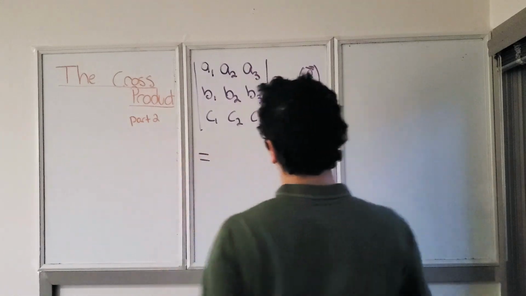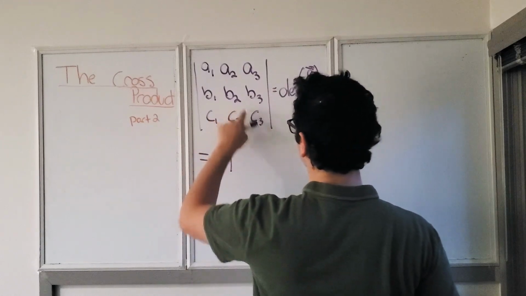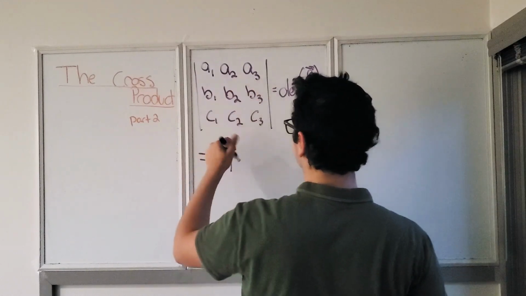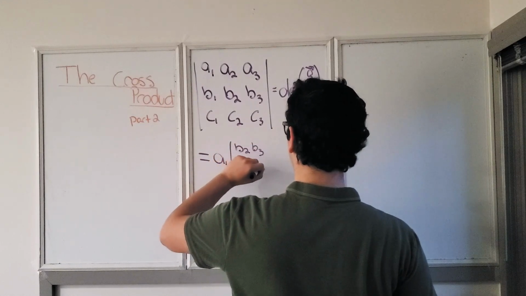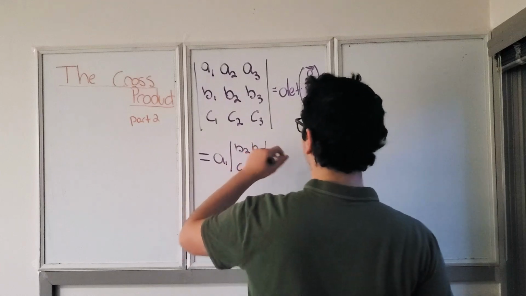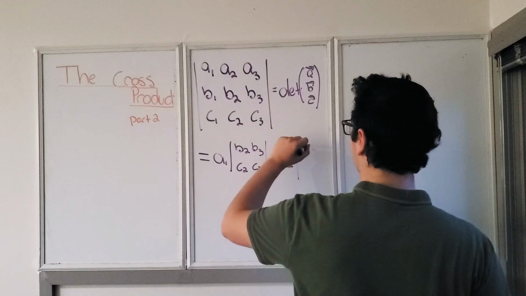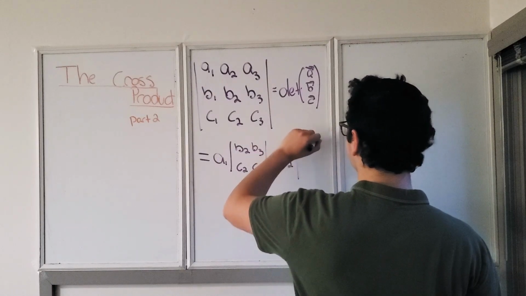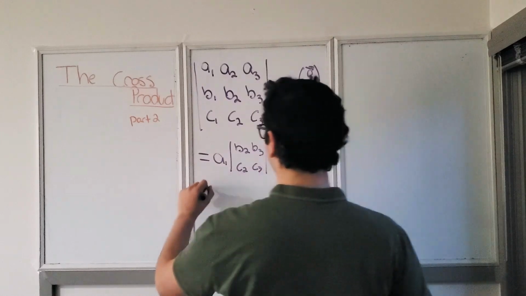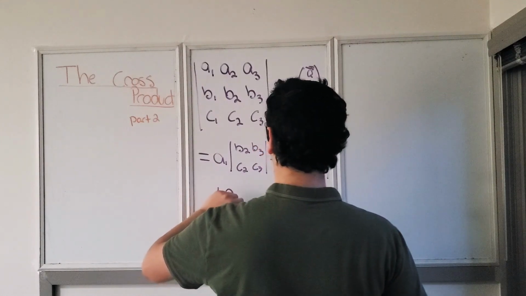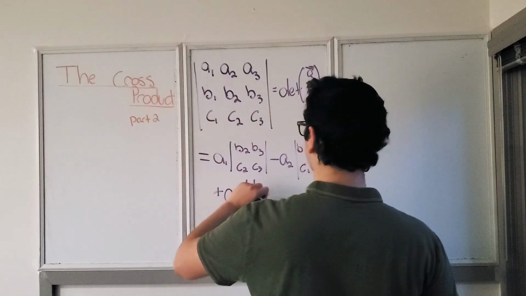My answer will be A1 times the determinant of this over here, minus A2 times the determinant of that outside over there in the second and third levels, and then plus A3 times the determinant of that square over there.